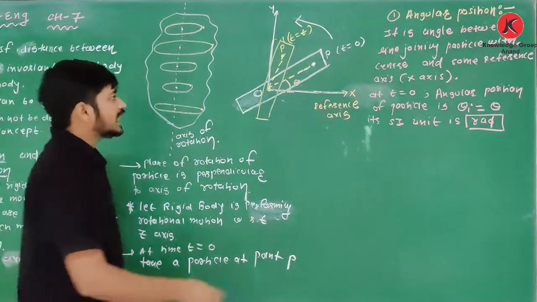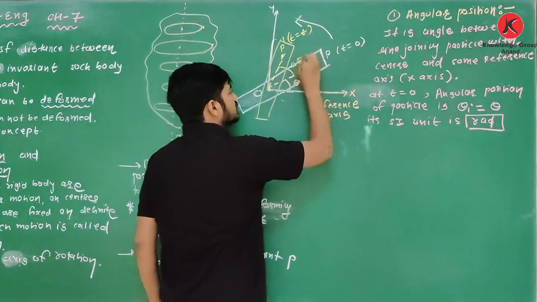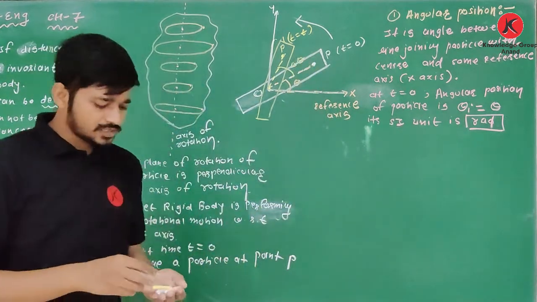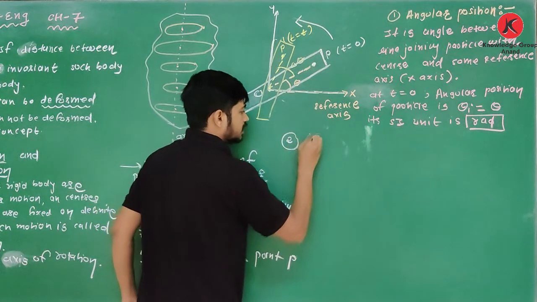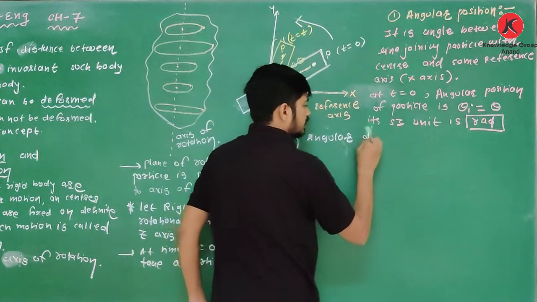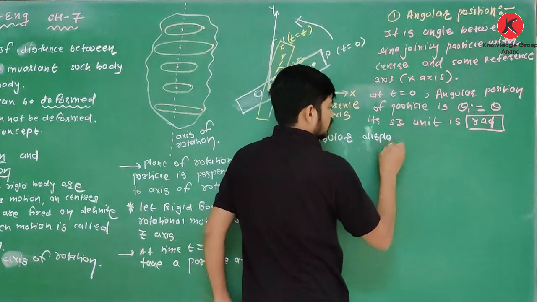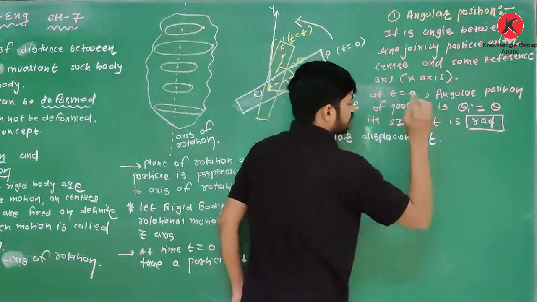So what is the change in angle? It is called change in angle, and let it be delta theta. So I have to write the second definition. What is the second definition? Angular displacement.